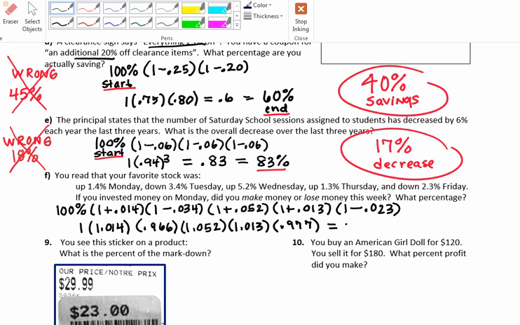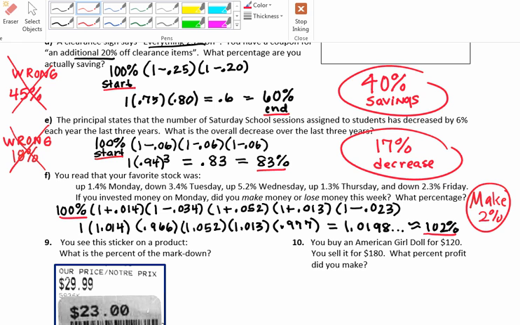And I end up with 1.0198, etc., or approximately 102%. So if I started with 100% and I ended up with 102%, I definitely made money. I increased my value, and I made 2% extra. The difference between the two.